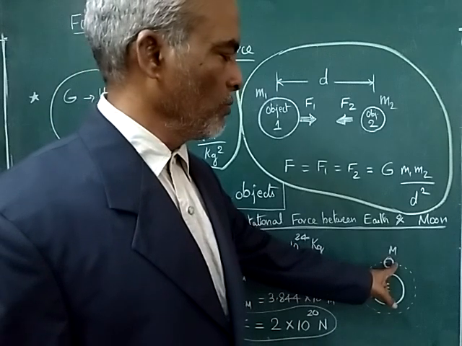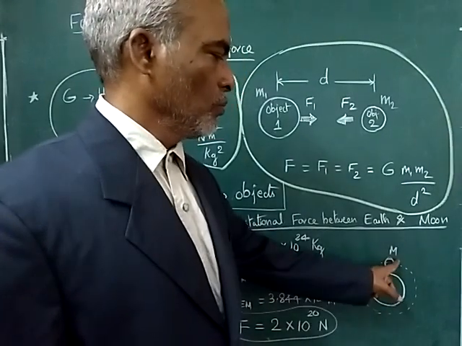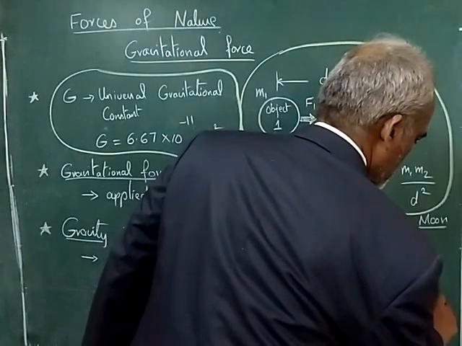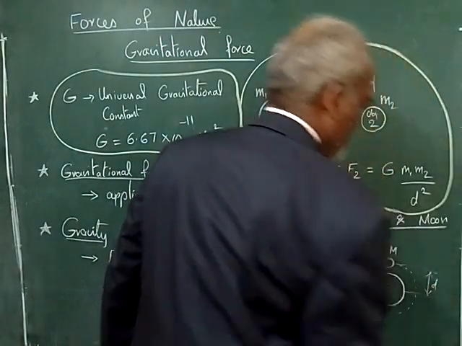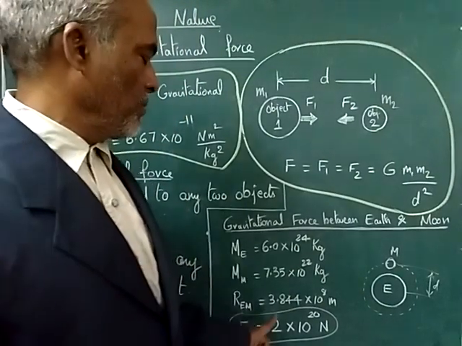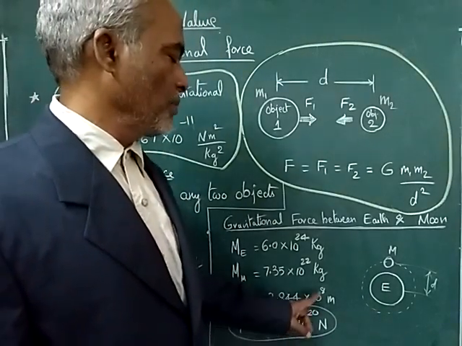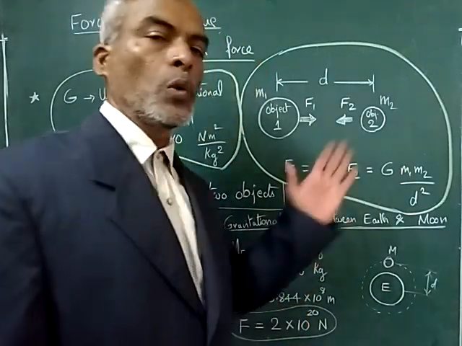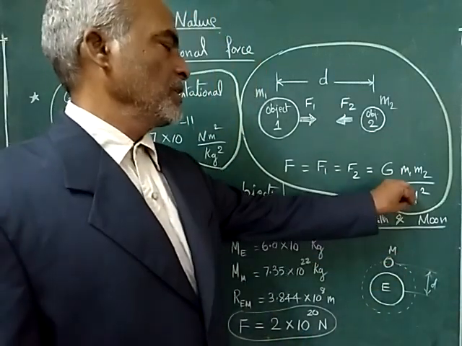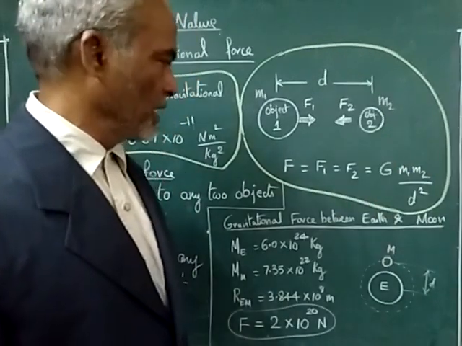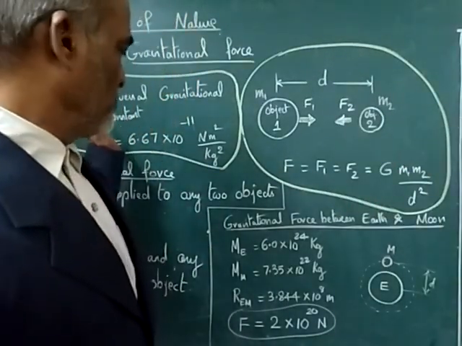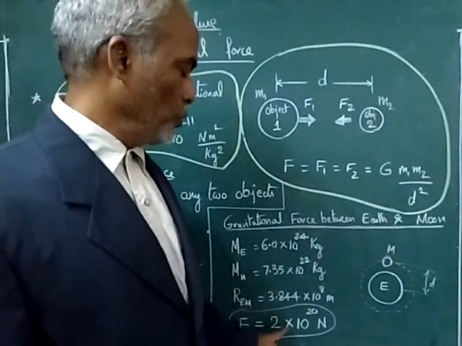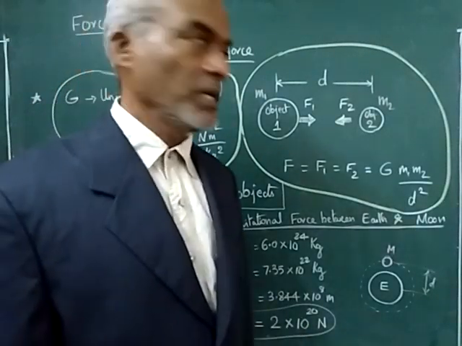The distance between moon and earth, from this point to this point, is 3.844 into 10 power 8, and we need this value squared. Substitute here, and after simplification you will get the gravitational force equal to 2 into 10 power 20 Newton.